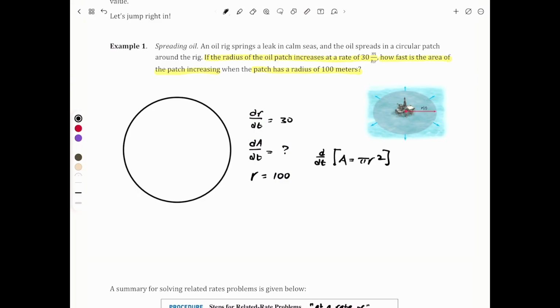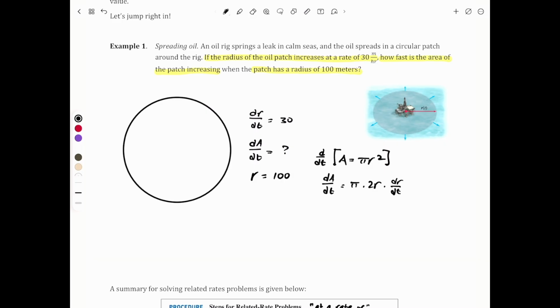So if we do that, the derivative of A is 1 with respect to A, but because it's implicit differentiation, it has to get a dA dt tag attached to the 1. The pi is a constant multiple, and the derivative of r squared with respect to r is 2r, and because it's implicit, it gets a dr dt tag as well.